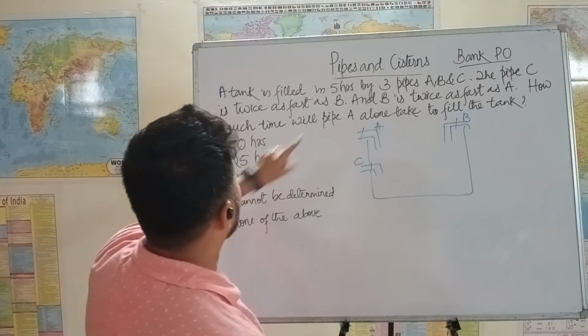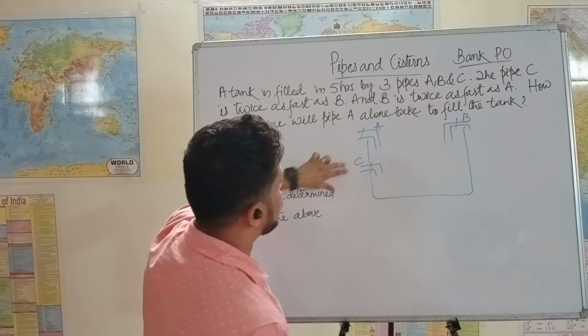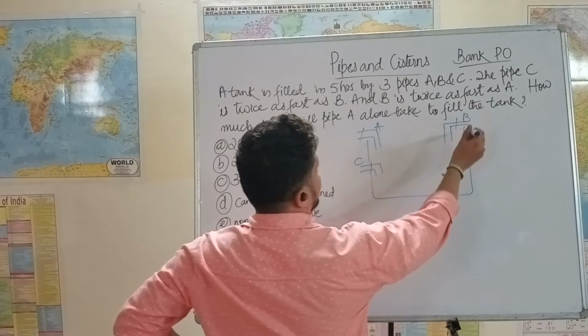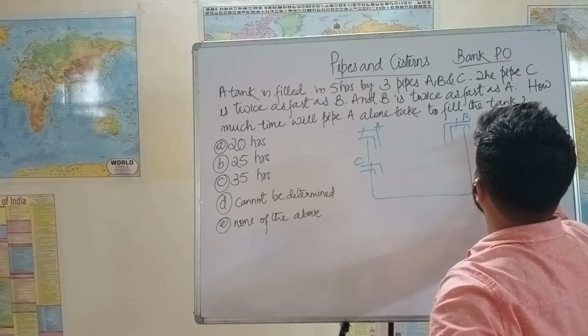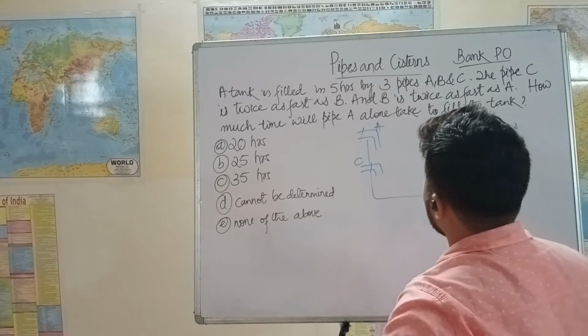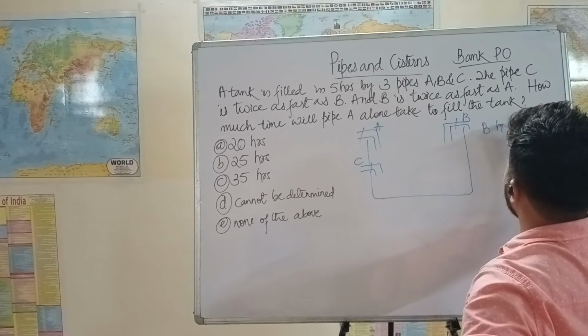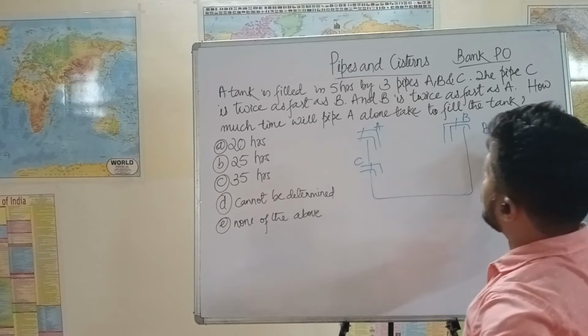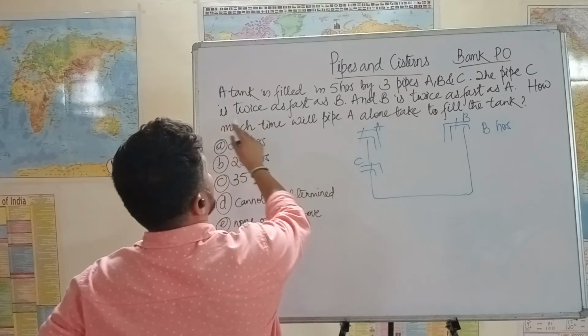You know, the pipe C is twice as fast as B. If B can fill the tank in B hours, since answers are in hours, let's say B hours, then C can fill it, the pipe C is twice as fast.